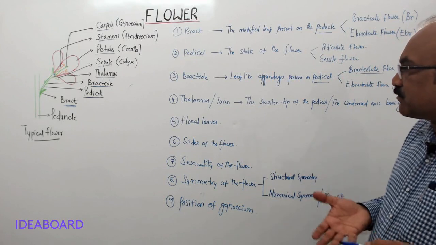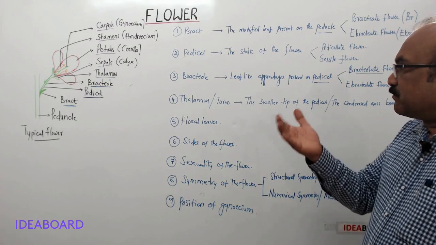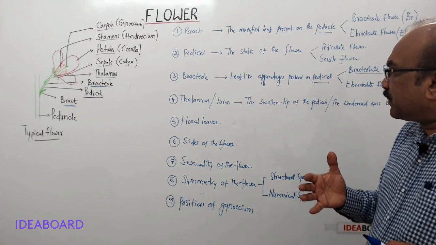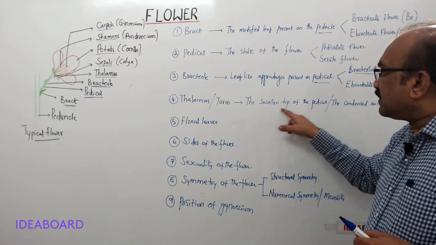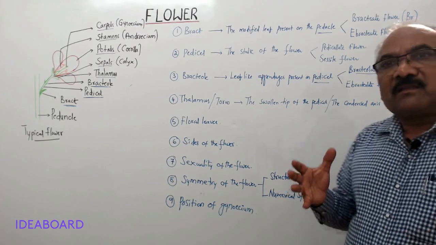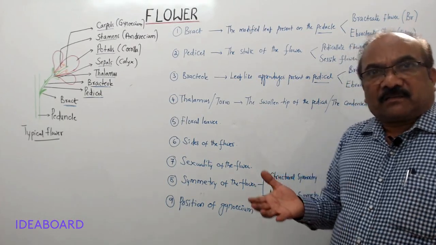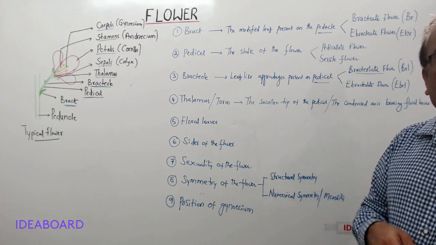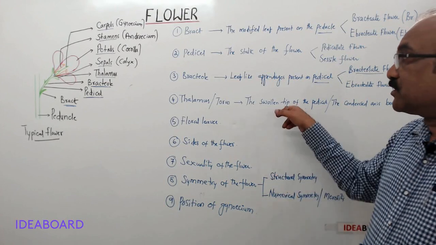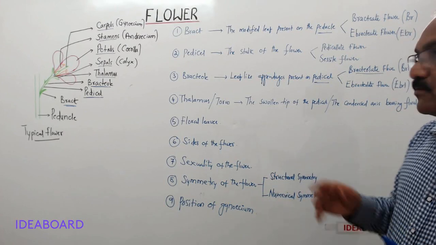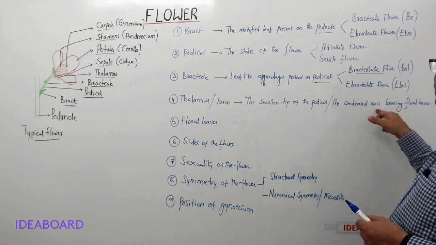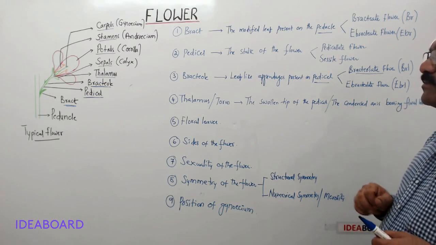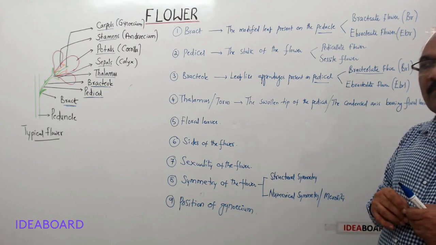That is when the flower is with pedicel, the tip will swell up, and that's why we are defining it like this. The swollen tip of the pedicel is called thalamus. And when the pedicel is absent, still thalamus will be there, and now you can't use this definition as there is no pedicel. So that's why we can define it like this: the condensed axis bearing floral leaves is called thalamus.